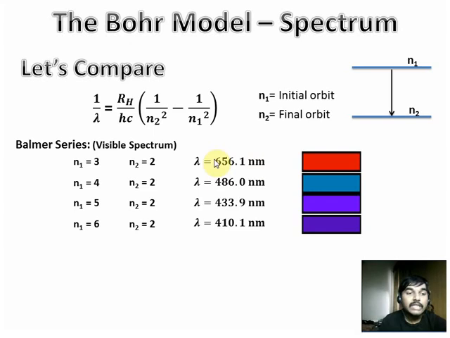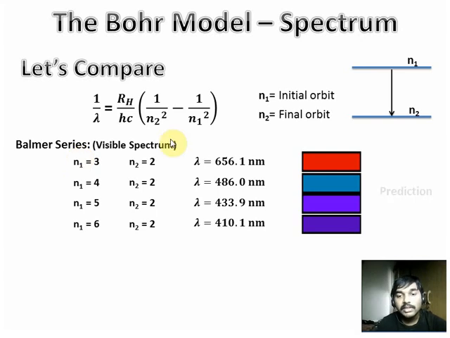So this visible spectrum is E3 to E2, E4 to E2, E5 to E2, and E6 to E2. These four lines form what is known as the Balmer series. It is called the Balmer series because somebody called Balmer studied it first.